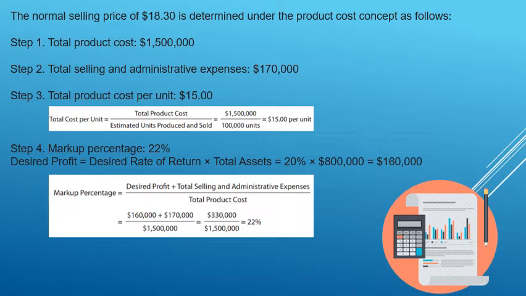So the desired profit is equivalent to the desired rate of return times the total asset. So we came up with $160,000. So the markup percentage is the desired profit plus the total selling and administrative expenses divided by the total product cost. So we have here given the data, we came up with 22%.